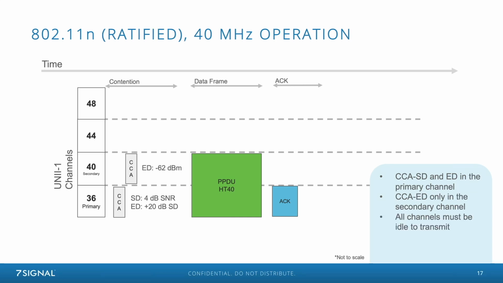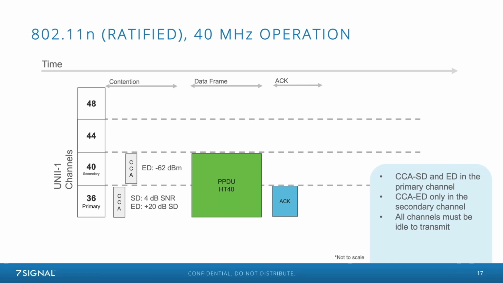The IEEE realized this was an issue before they finished the 802.11n amendment, and they put a Band-Aid on it. They gave us energy detect only in our secondary channel, and they specified a minimum threshold of -62 dBm. So at least we're checking the secondary channel, but -62 is not very sensitive at all.